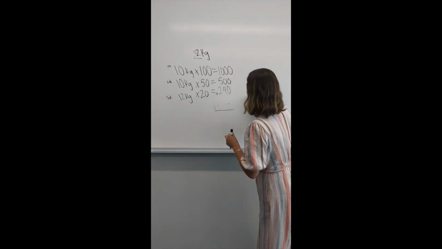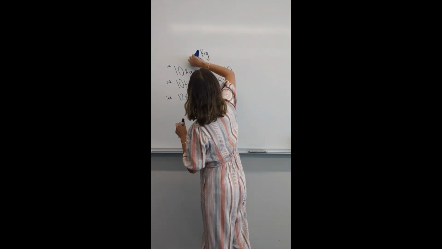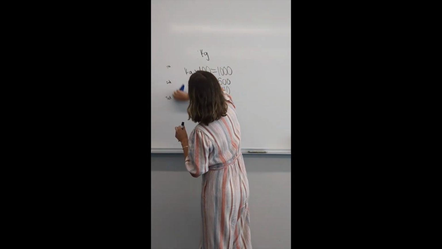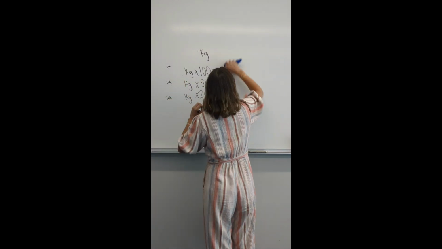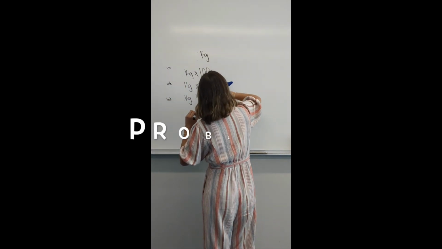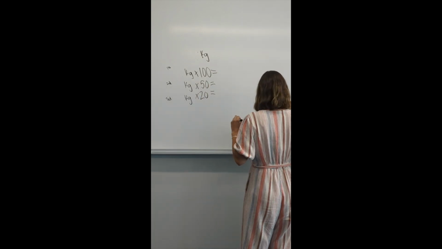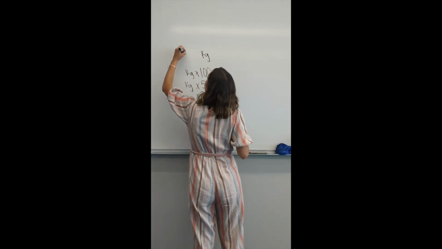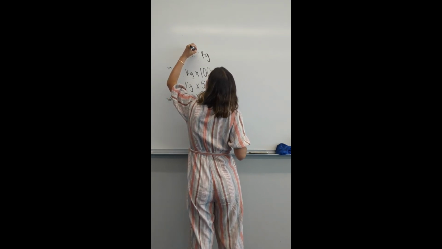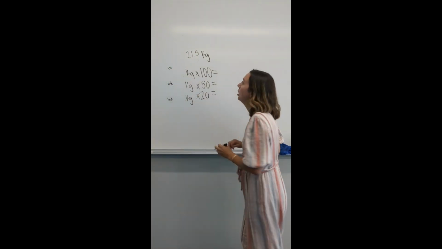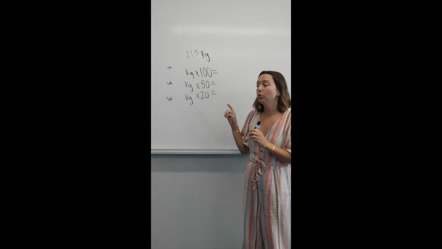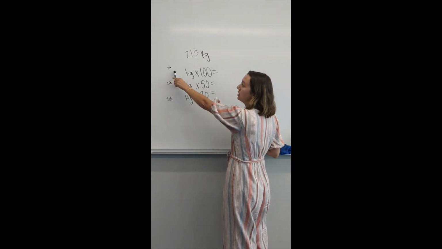So let's take away this weight and exchange the weight here. Okay. So let's say that our patient weighs 21.5 kilograms. Breaking down my 21.5, I'm going to put my first 10 here.